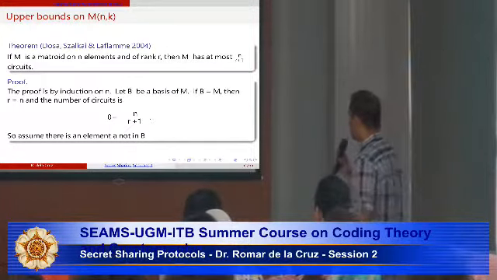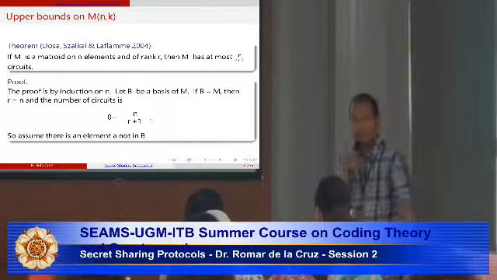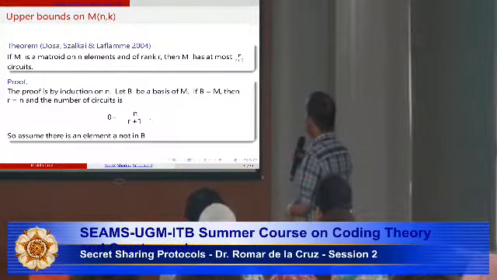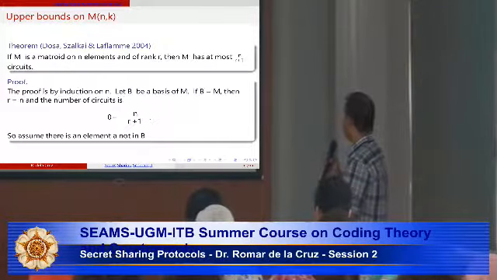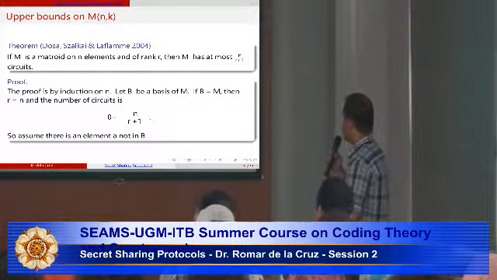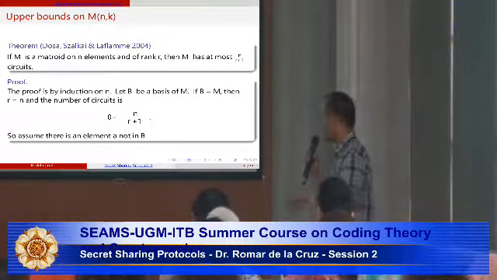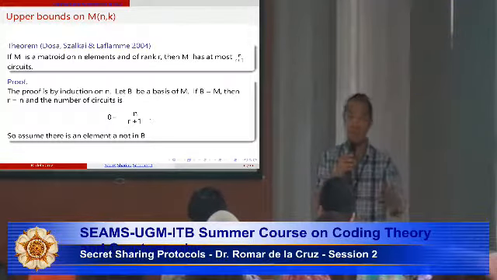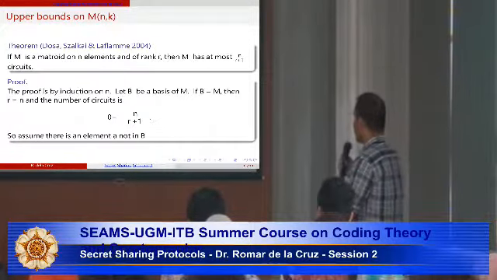It's by induction on the number of elements of the matroid. Let B be a basis of M. Now, if M is already equal to the basis, then it has no circuits, so the number of circuits is 0.